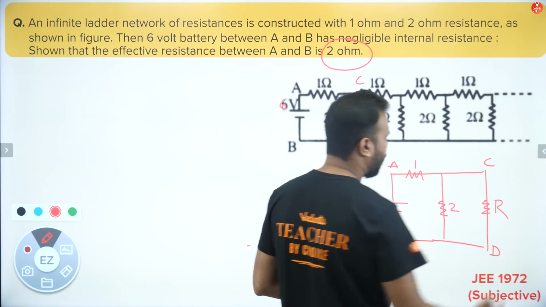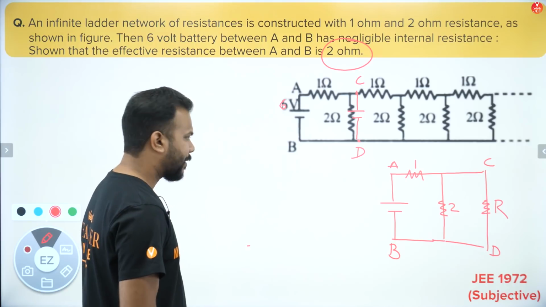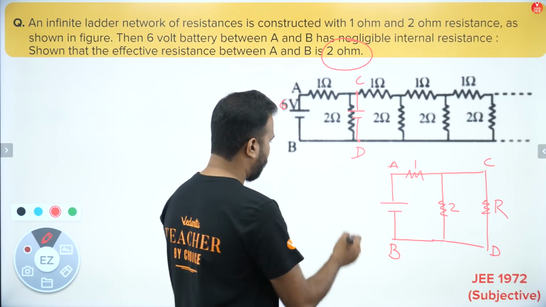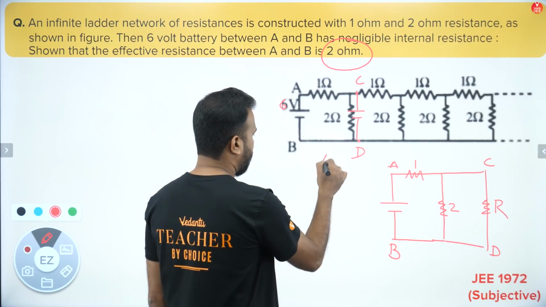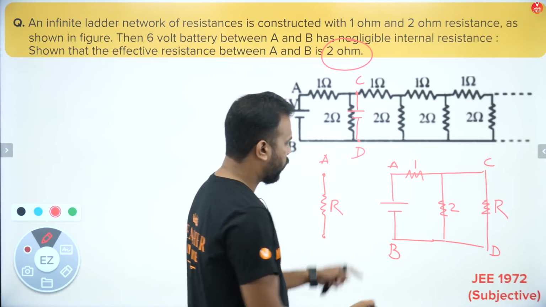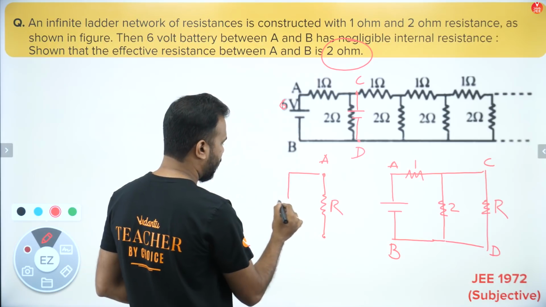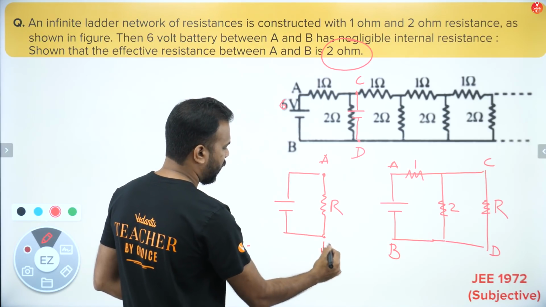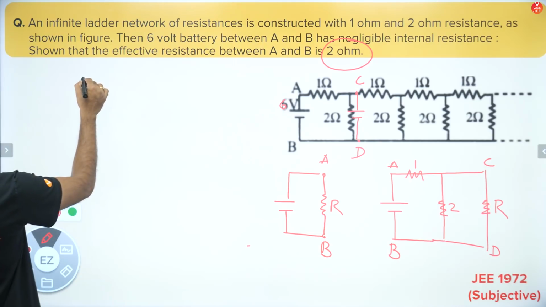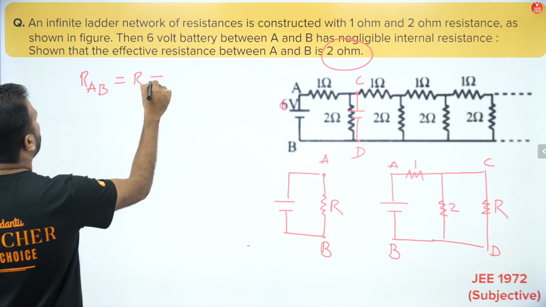Let's say that we are expecting the equivalent resistance value to be R. Now you see, guys, that between A and B also the equivalent resistance is going to be R. So if I consider this entire thing and replace it with this battery again, I'm going to get the same equivalent resistance. That means we are saying that R_AB has to be equal to R.